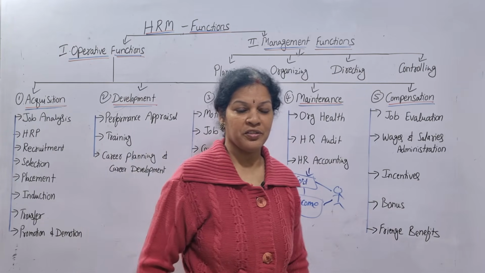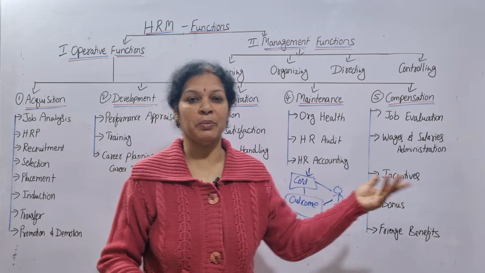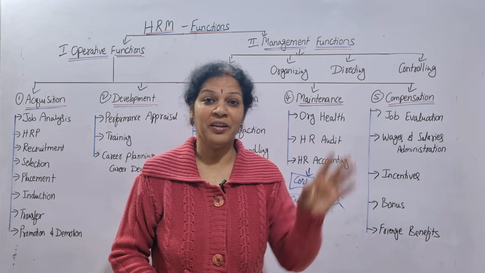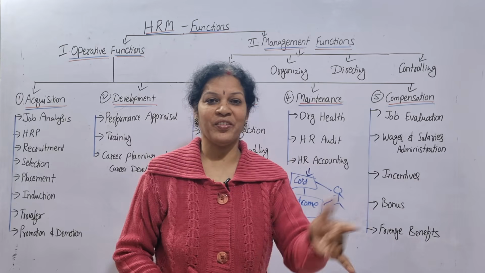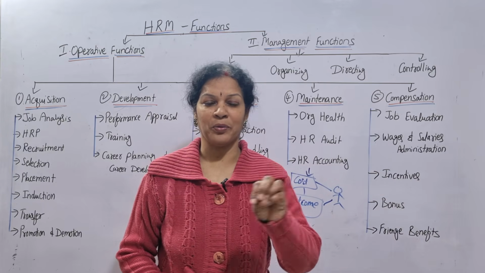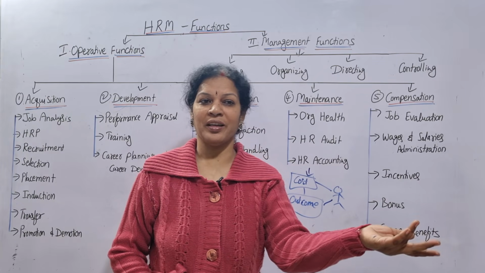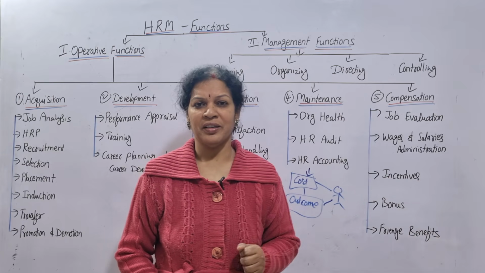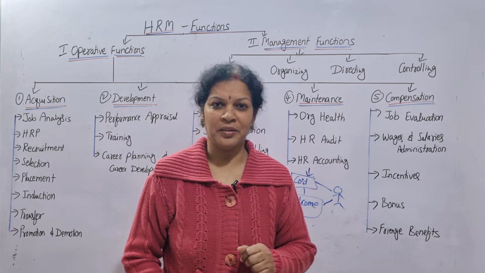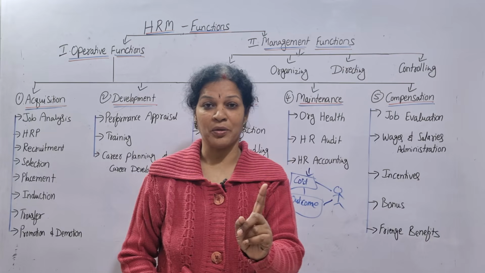And lastly, fringe benefits. Fringe benefits means some extra benefits which are not common, to make the employee happy. All of a sudden, suppose a gift is given to all the employees, the gift worth 5,000 rupees, that is a fringe benefit. Something like an excursion or an outing, or an out-of-country tour planned for the employees, each employee's worth around 1 lakh rupees.